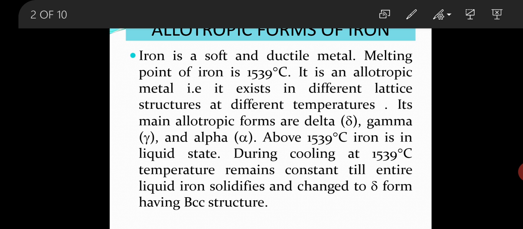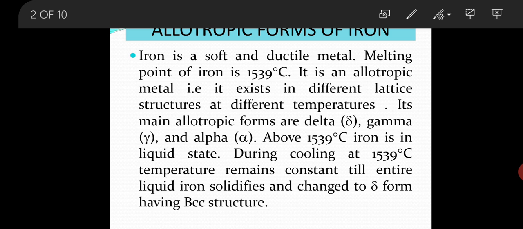Above 1539 degrees centigrade, iron is in liquid state. When this liquid iron is cooled to 1539 degrees centigrade, the temperature remains constant.